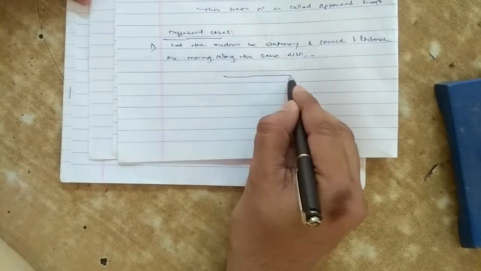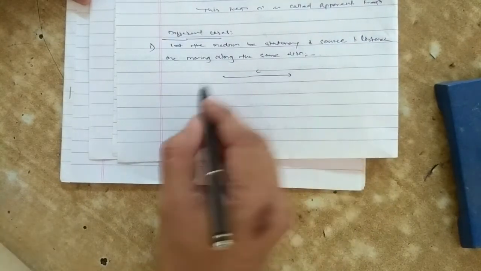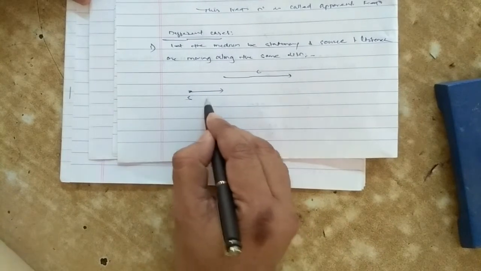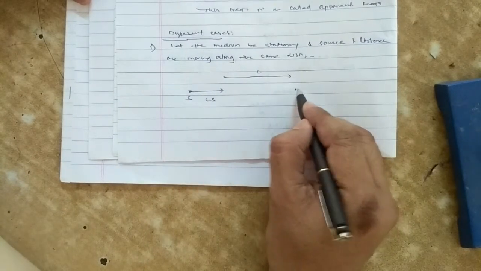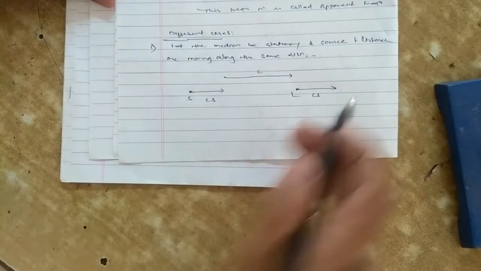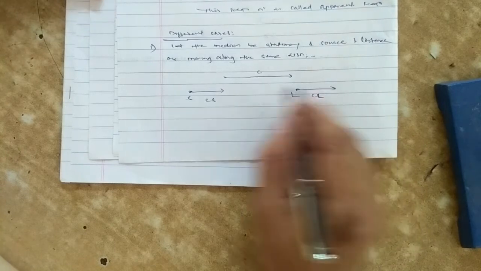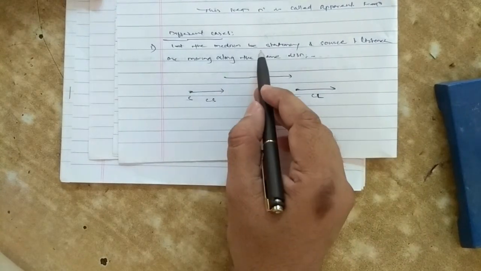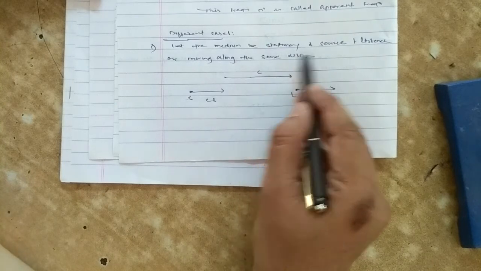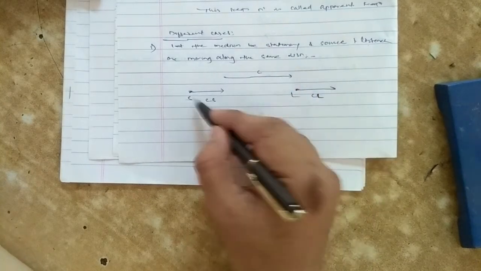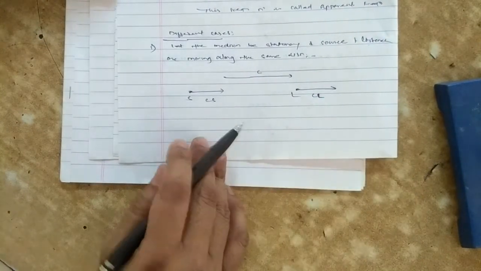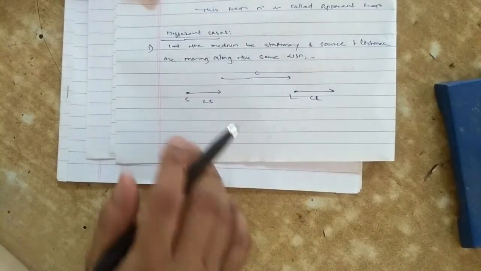This is velocity c, this is source, velocity cs, this is listener, velocity cl. The medium is stationary, and source and listener are moving along the same direction.